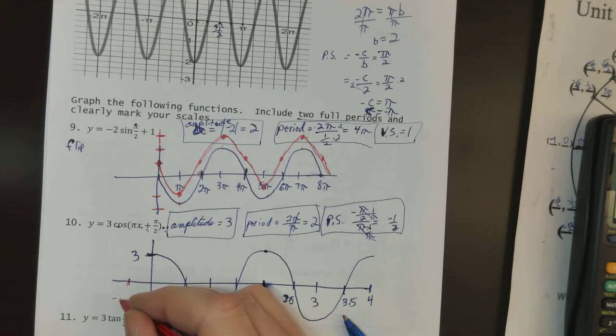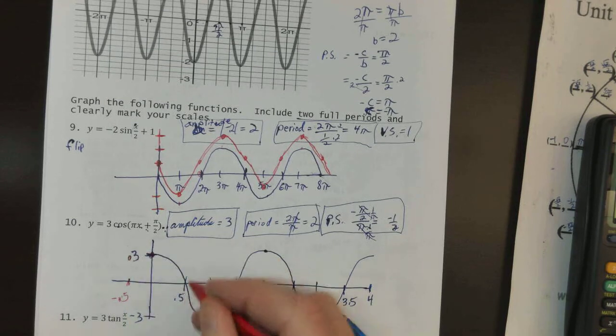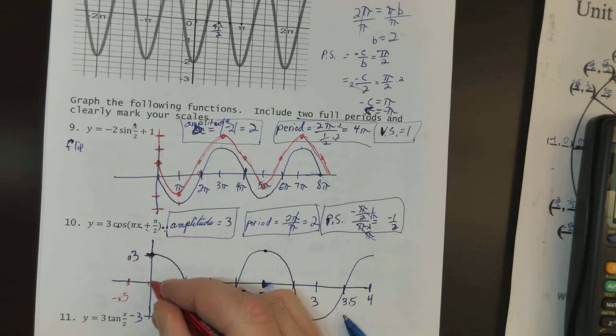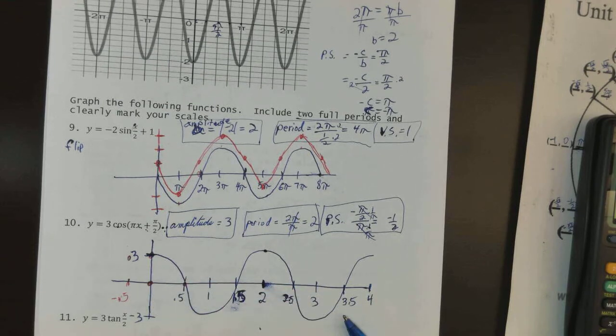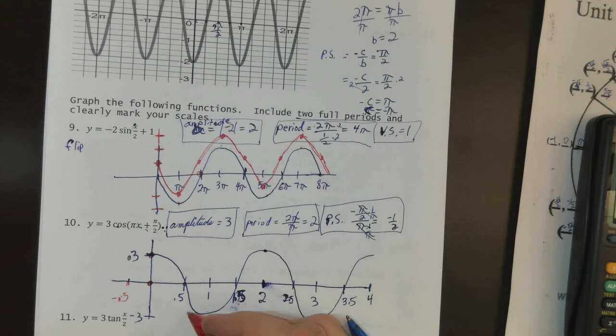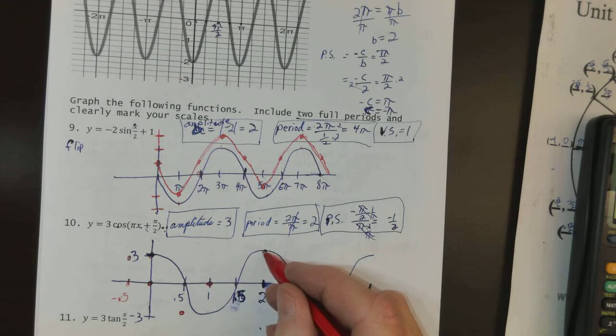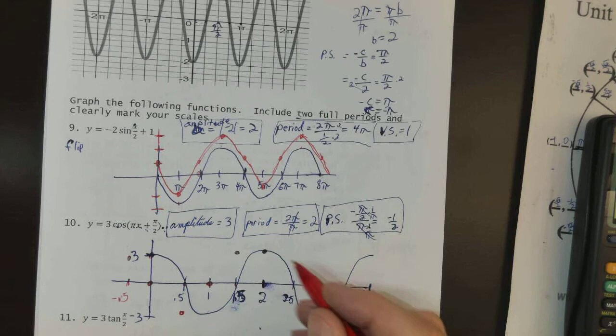So this is negative 0.5. So I'll take this point here, move it over to here. I'll take this point here and move it to the origin. I will take this point here and move it to here. I will take this point here, move it to here. My graph's going to be in red again. I'll take this point, move it here.